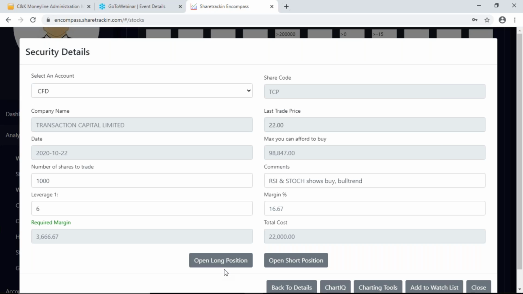Your short position is when you buy high, wait for the share to drop, and then you sell it. And you make money on both if you open the position correctly. That's why when trading CFDs, your graphs are very important, because you need to make sure you open up the correct position so that you don't lose money.